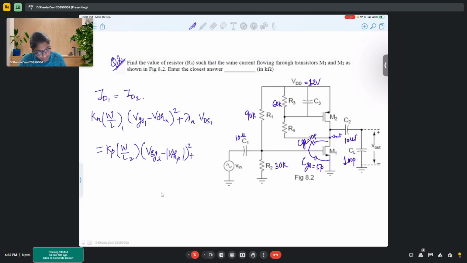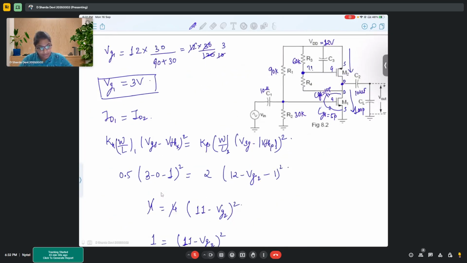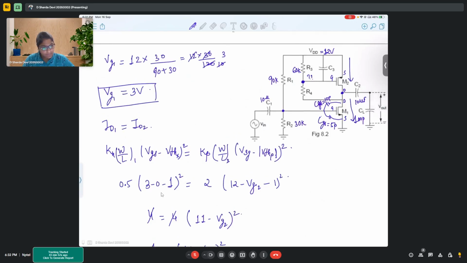Sorry, just one more question. In the last question, we considered that ID1 is equal to ID2, right? Was the biasing the same? Some current should have flown through R3 and R4 also, right? We assume that it's negligible.